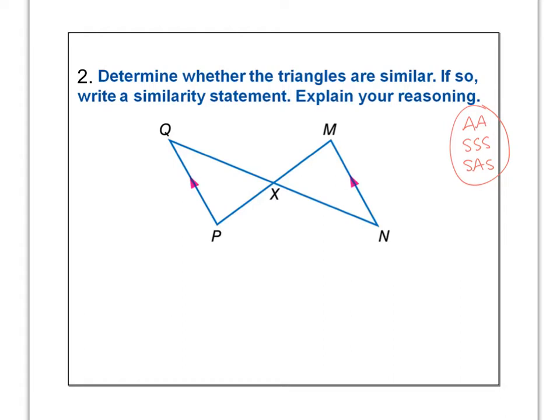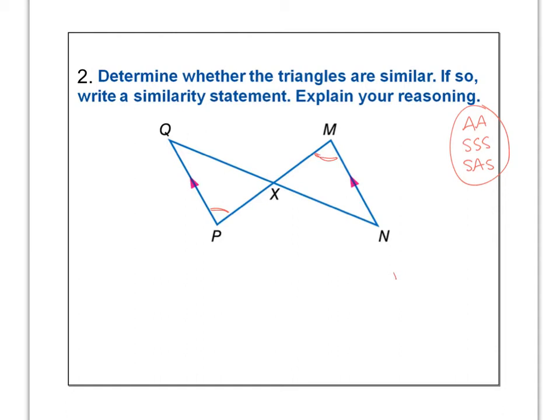Number 2, determine whether the triangles are similar. If so, write a similarity statement and explain your reasoning. There's not much marked on these triangles, but I do know a few things. I see those red arrows, and that means the lines are parallel. If you have a line parallel to another line with a transversal cutting through, you get alternate interior angles. So angle P and angle M are congruent by alternate interior angles.